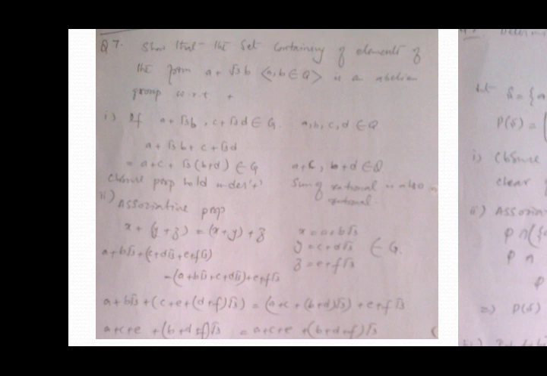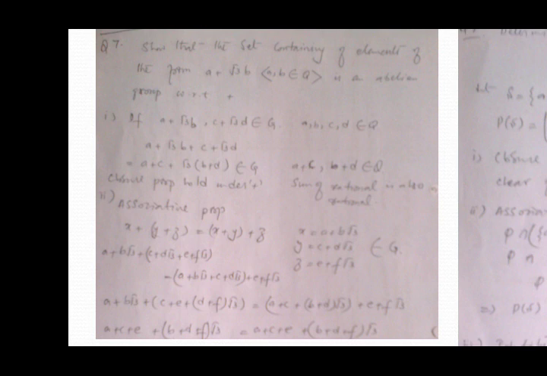Here we have a number like a plus b square root 3, where a and b belong to the rational numbers, and square root 3 is irrational.